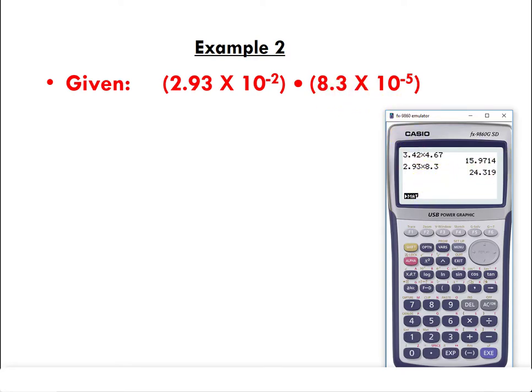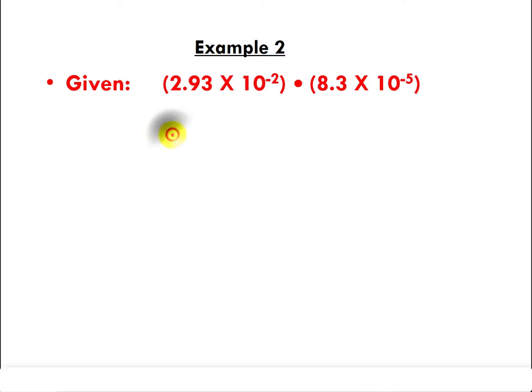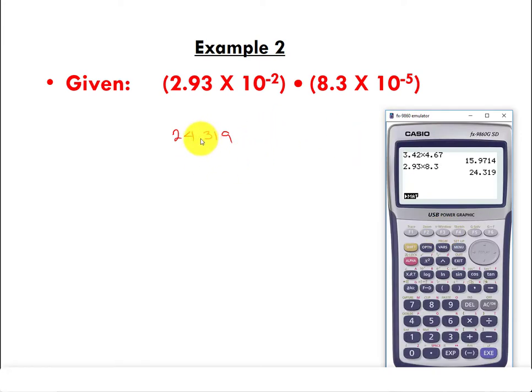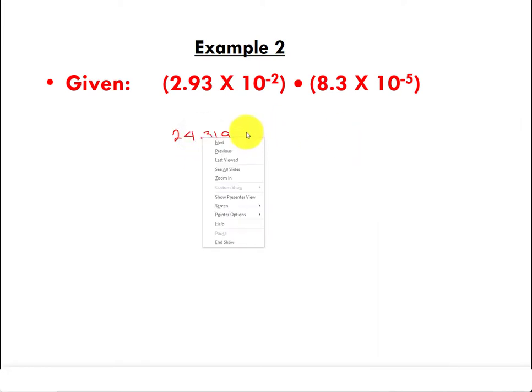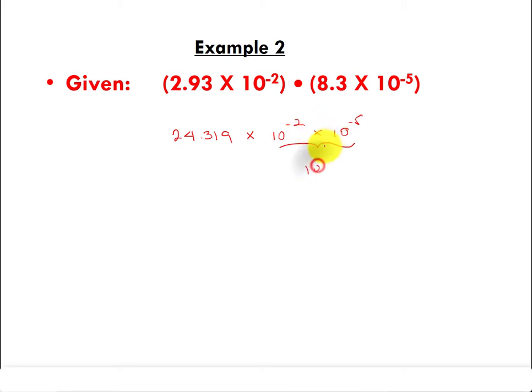Alright, 24.319. And then next we are going to multiply base 10, then raised to negative 2 times 10 raised to negative 5. Let's simplify this first. Keep the base, add exponents. That's negative 7.